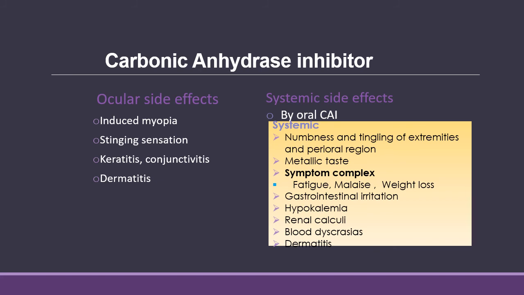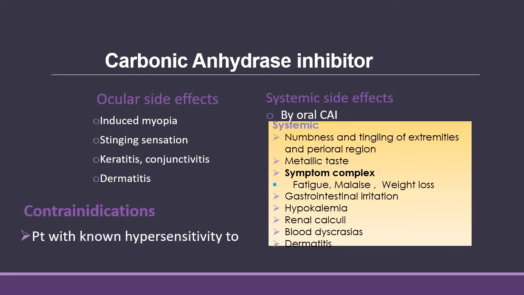Also it can cause fatigue, malaise, weight loss and gastrointestinal irritation. Most important is hypokalemia, that is, it reduces the level of potassium. Also it causes renal calculi formation, blood dyscrasias and dermatitis. So contraindications are patients with known hypersensitivity to sulfonamide, pregnancy, and liver or kidney disease.